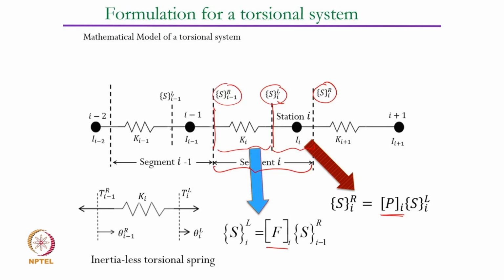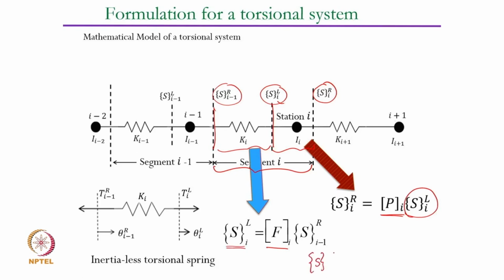Now let's club them together so that it represents the entire segment. It is quite simple, because you have a state vector SLI here. If I replace it by this, what can I get?